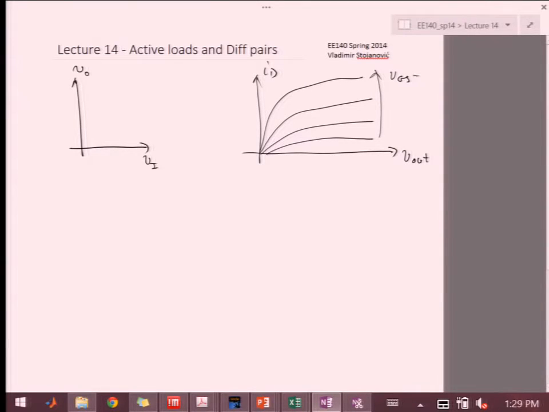And VGS will be V in, right? And then we have another curve, which is our load device curve. And that one would go something like this.